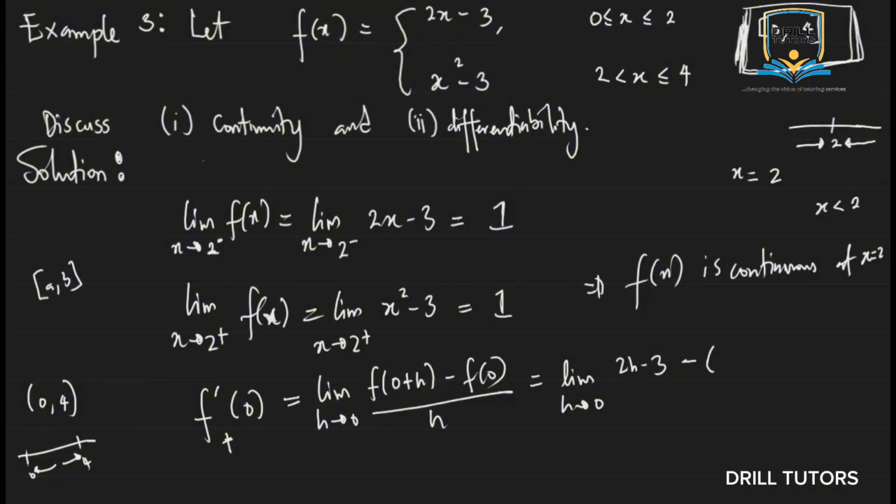Then minus, if you put 0 inside this thing, you get minus 3. Close that all over h, which will give you the limit as h tends to 0 of 2h minus 3 plus 3. That means minus 3 and plus 3 will cancel themselves out all over h. h will cancel h, and the result here is 2.